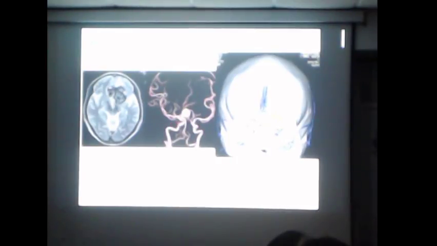CT angiography showed the aneurysm with partial thrombosis, only the right side visible, but mainly at the left A1, A2 junction.